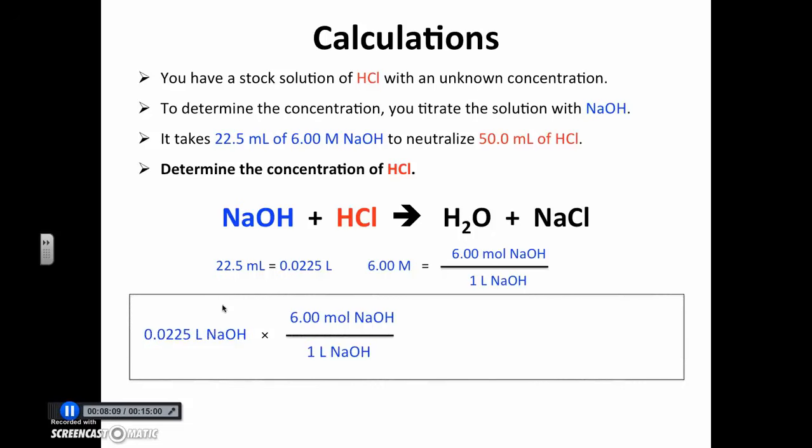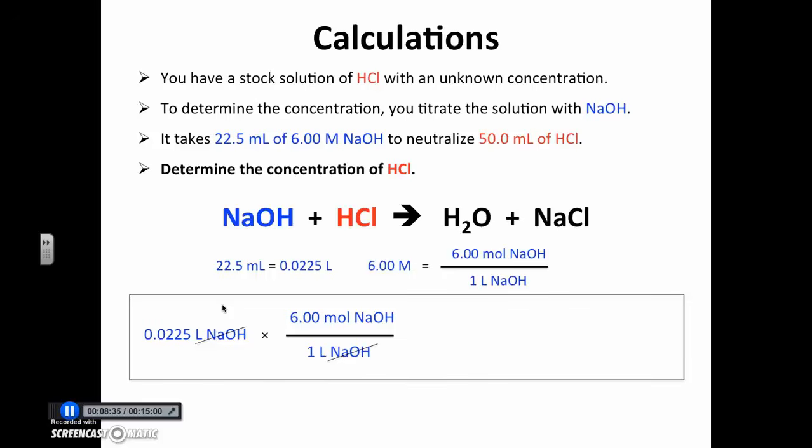Let's punch these into a mathematical formula then. If we have 0.0225 liters of sodium hydroxide, and for every liter of sodium hydroxide there are 6 moles of sodium hydroxide, then the units of liters of sodium hydroxide cancel out, and you can determine the number of moles of sodium hydroxide.